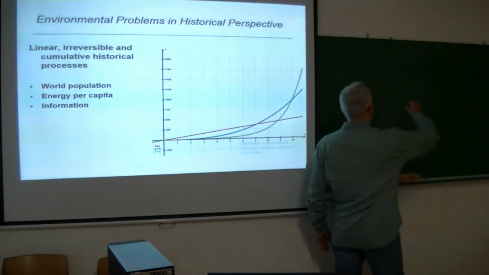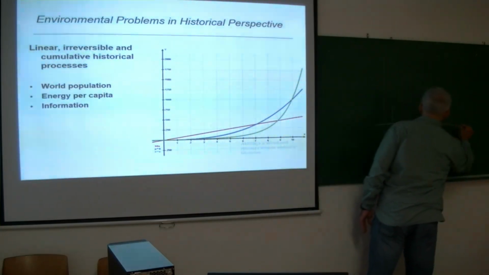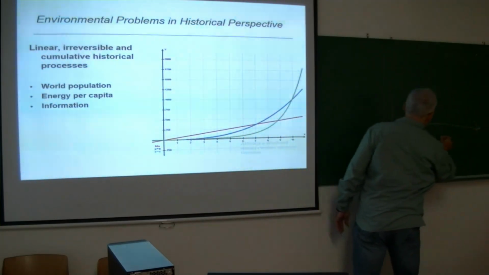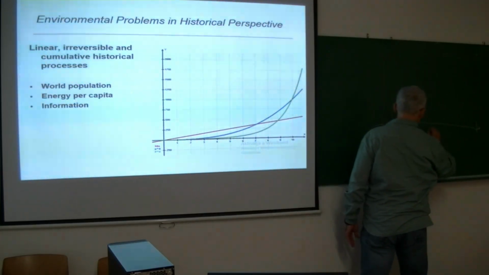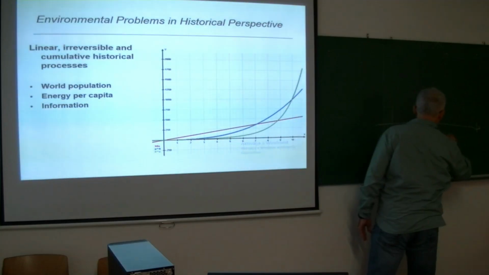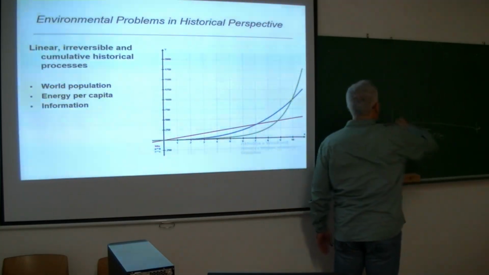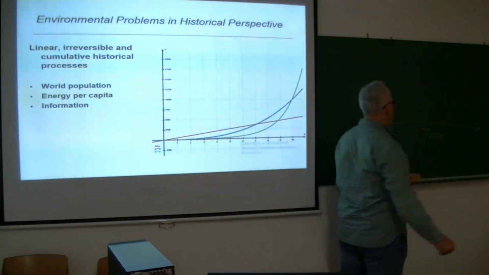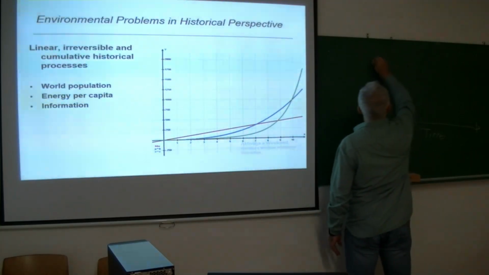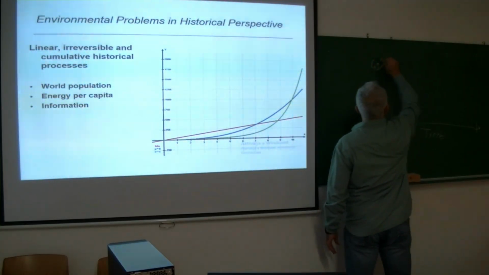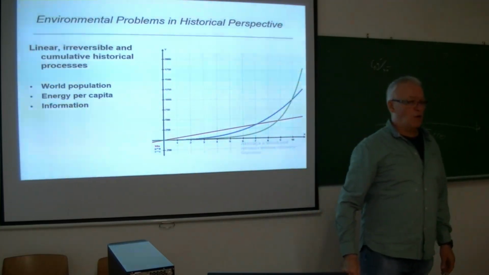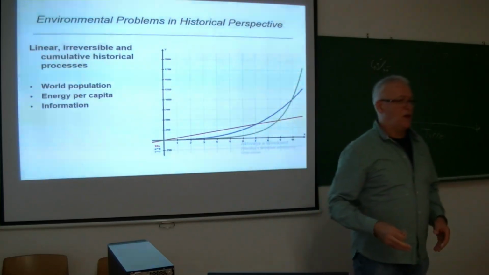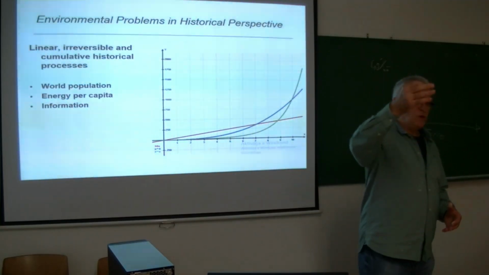Look at the diagram. This is the time axis, and this is the scale of fertility and mortality. In traditional times, fertility and mortality changed around 40 per 1,000.